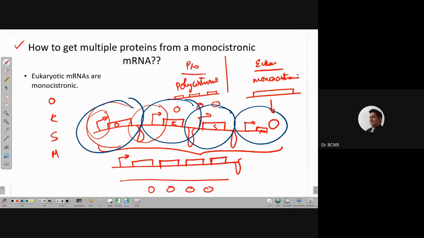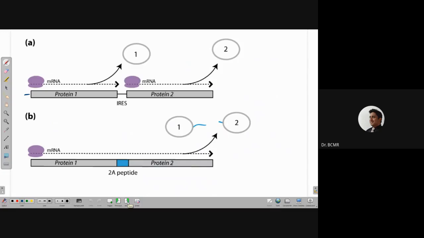In eukaryotic biology, it is mostly associated with viral proteins, where they have one long mRNA with 2 different ORFs.